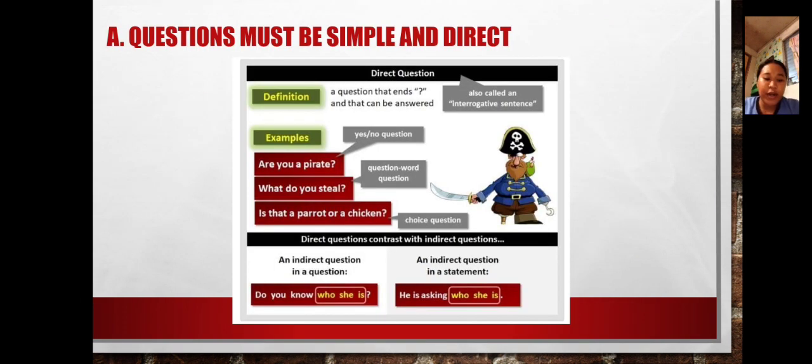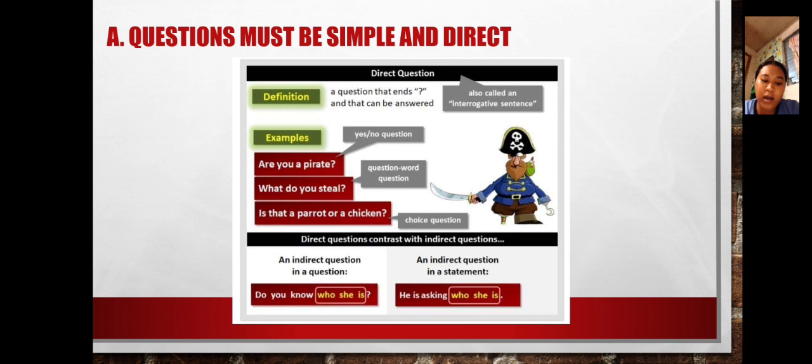So, letter A, questions must be simple and direct. As you can see, for example, as a direct or simple question, like, are you a pirate?